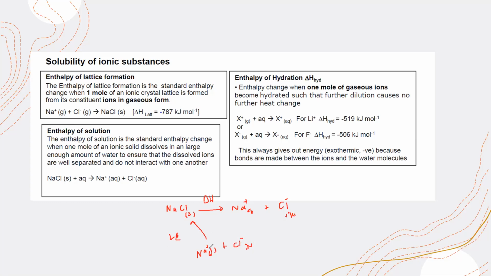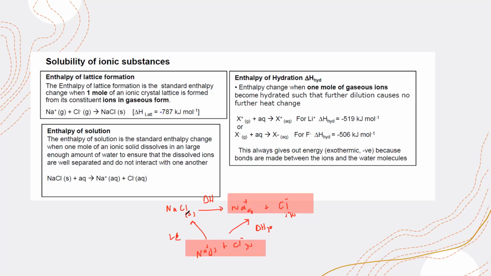And when sodium ion and chloride ion in a gaseous state convert into sodium ion and chloride ion in aqueous state, we call that enthalpy of hydration, or hydration energy. So if I apply Hess's law, where the two arrows are pointing out, that's the start of the cycle. Where two arrows are pointing in, that's the end of the cycle.